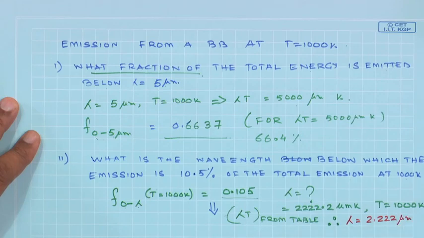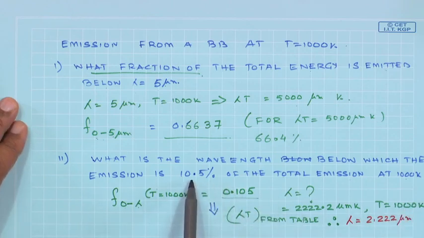So, at 1000 Kelvin, the emission is going to be 10.5% of the total emission at a wavelength of 2.2 micron.